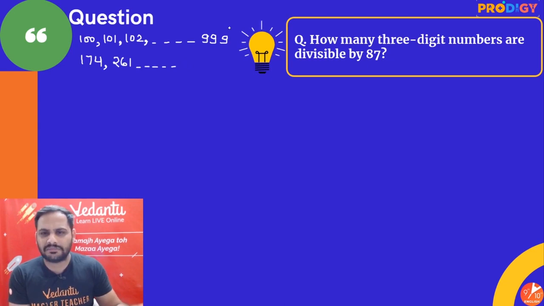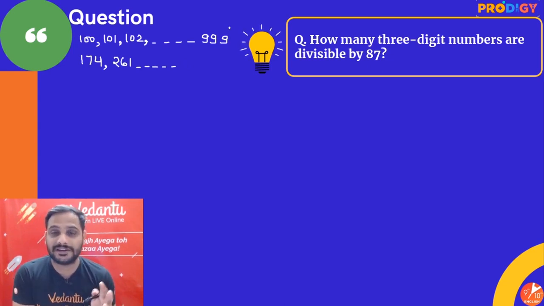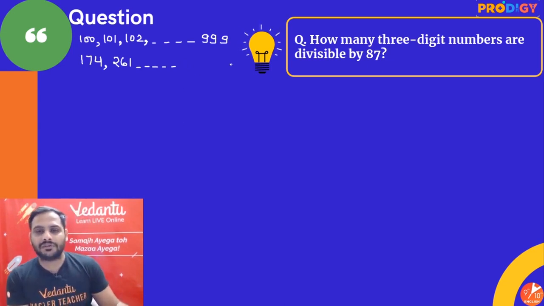If we see the last number which will be divisible, I think it will be 11 times or 12 times 87. We can divide 999 by 87 to see what the last divisible number is. 87 ones are 87, remainder 12, then 129, 87 ones are 87, remainder 42.